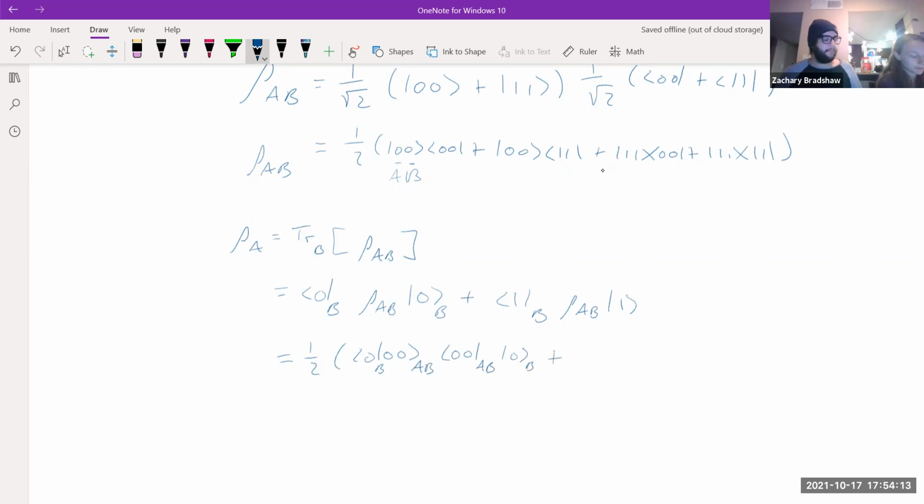I'm doing a lot of steps all in one because we're getting close to the hour.